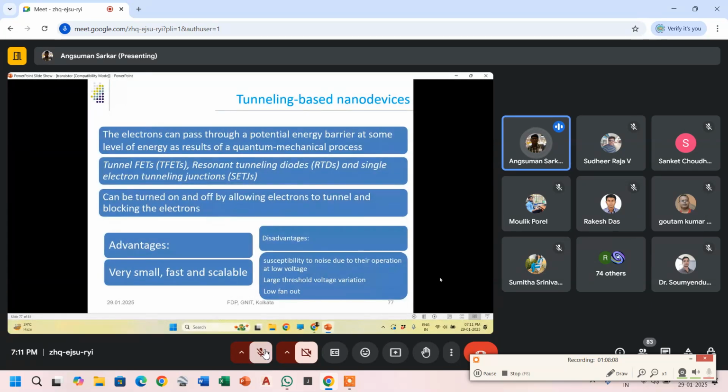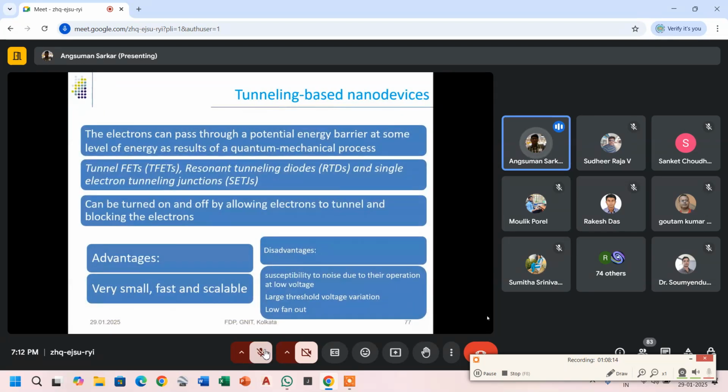So I was talking about tunneling-based nano devices. Examples are the tunnel FET, single electron transistor, and resonant tunneling diode. They use quantum mechanical tunneling as the basic operation to work as a transistor.